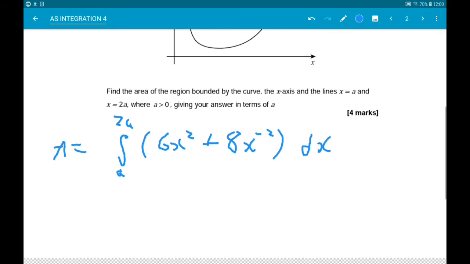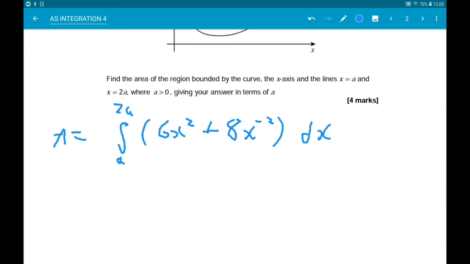Okay, so now in square brackets, 6x squared integrates to 6x cubed over 3, so that's 2x cubed. Now, 8x to the minus 2 integrates to 8x to the minus 1 divided by minus 1.